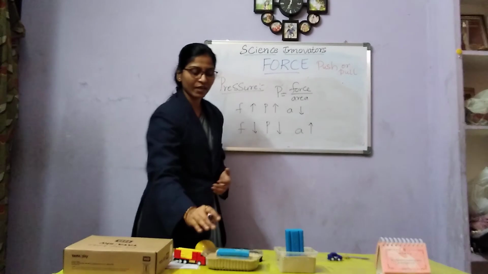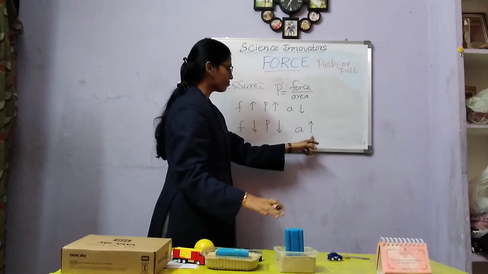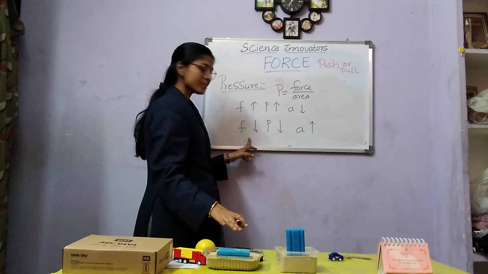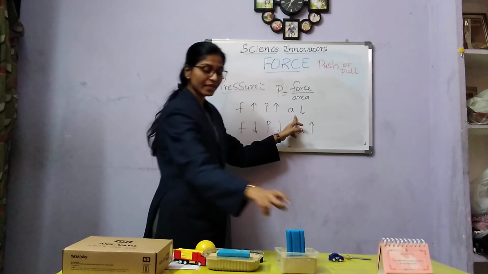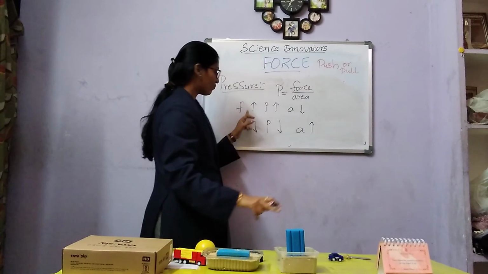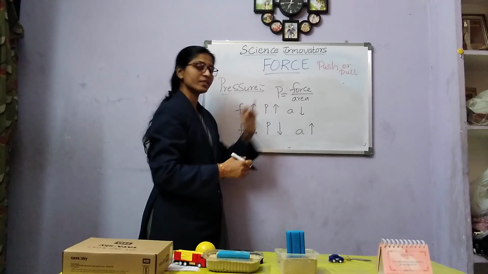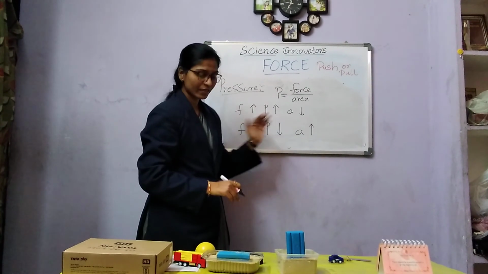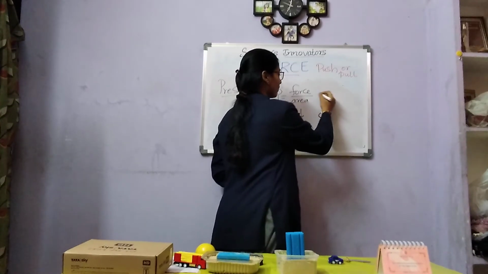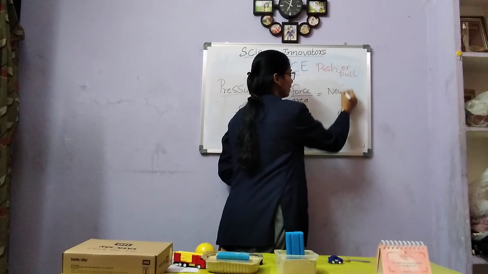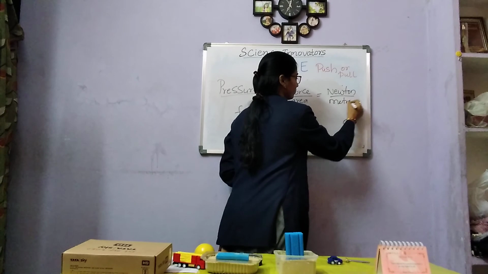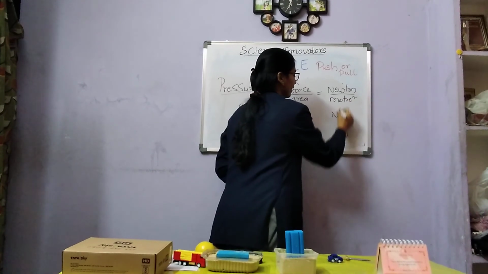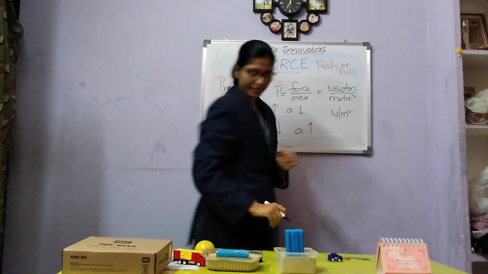Simply you can tell, when the area is more, the force is less and the pressure is also less. When the area is less, the force is more and the pressure is more. And the unit for pressure is Newton per meter square. Simply you can write it like this, Newton per meter square.